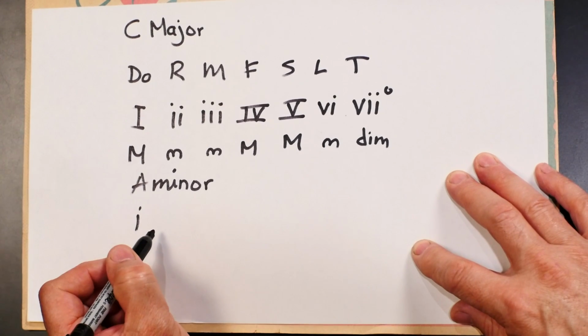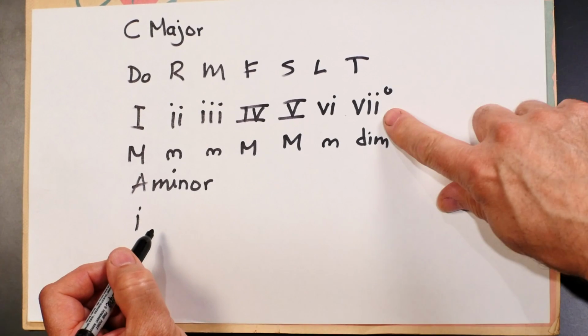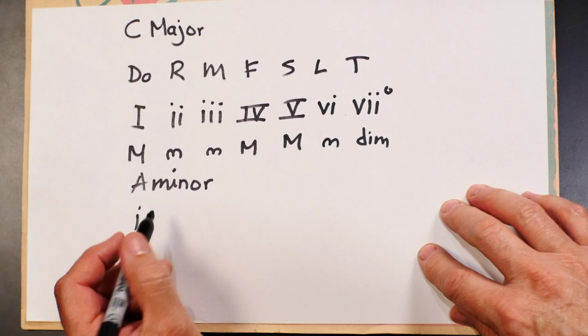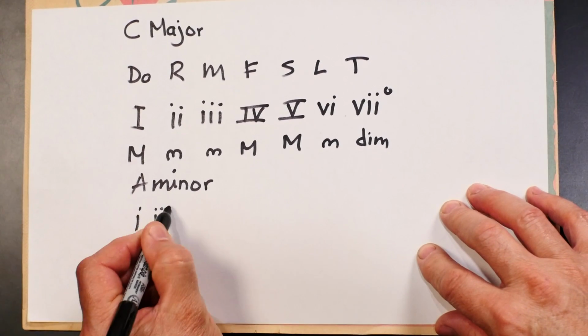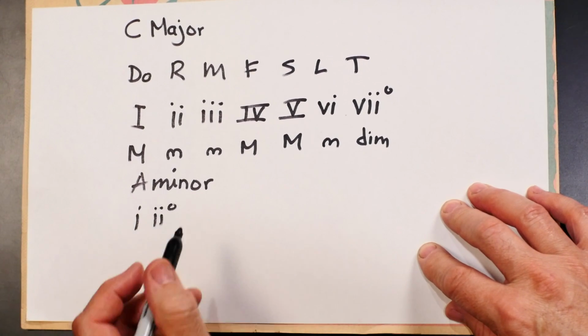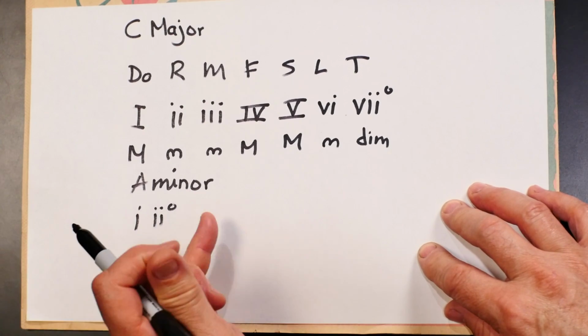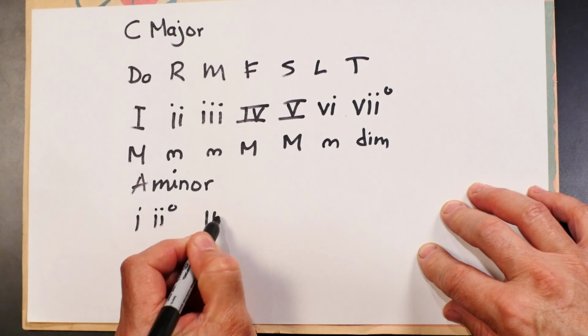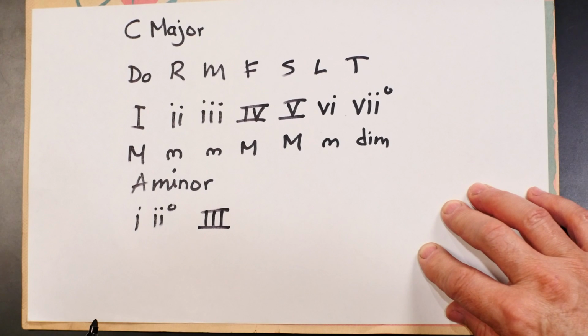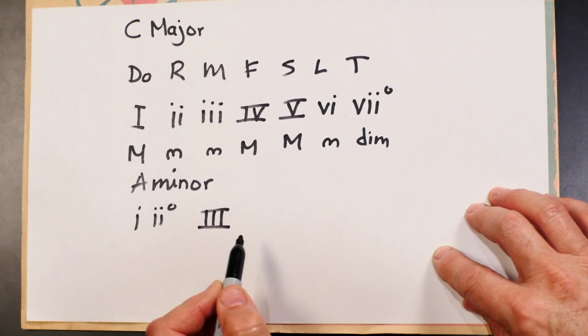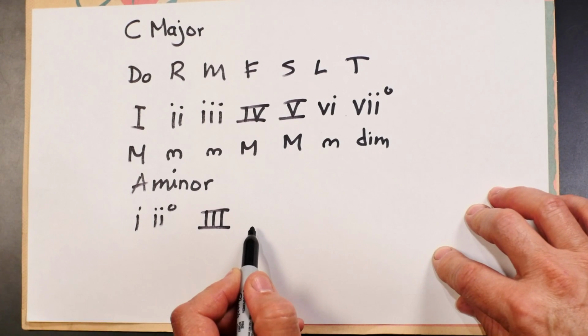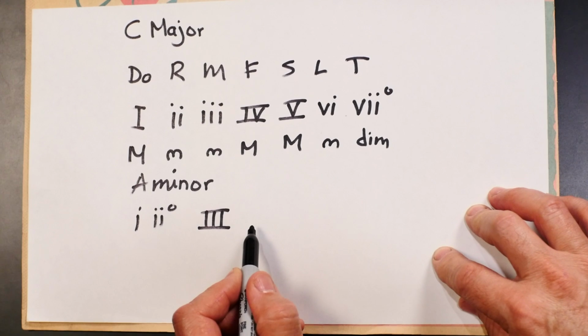The 2 chord is, guess what? Same as this. So the 2 is diminished because that's a B diminished chord. The 3 is actually our C major chord. So 3 in a minor key is major. The 4 chord in A minor is D minor.